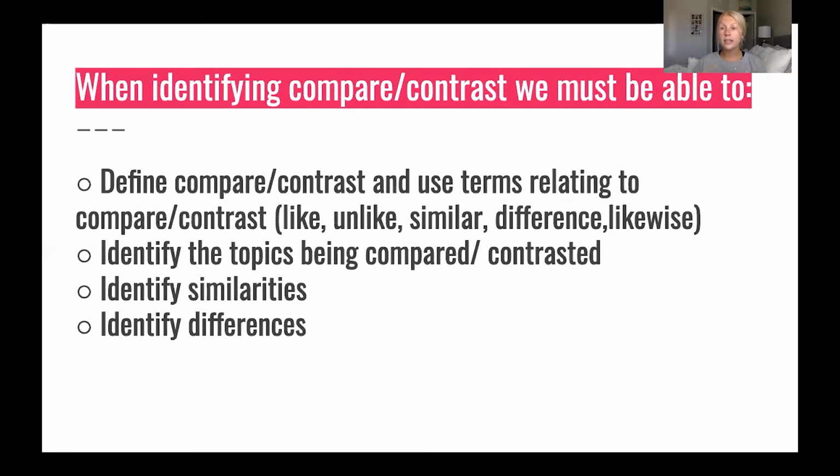If we haven't identified the two topics, we won't be able to identify the similarities or the differences. Our first step is to identify the topics being compared and contrasted. Then we must identify similarities and differences between the two.